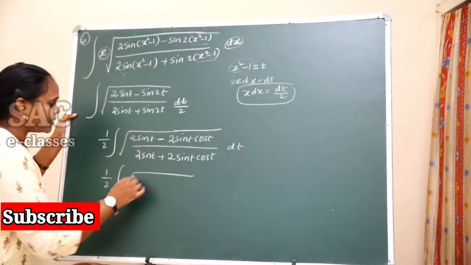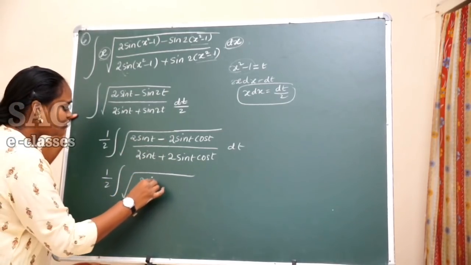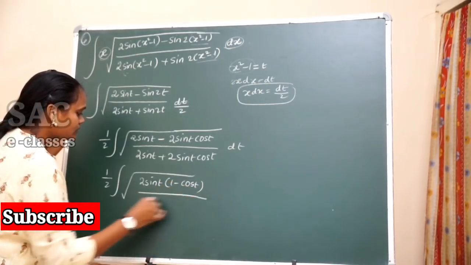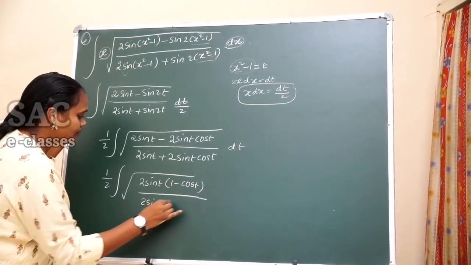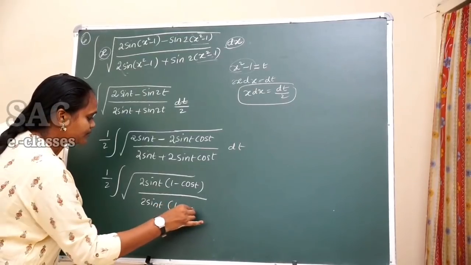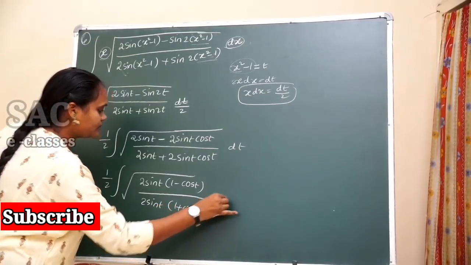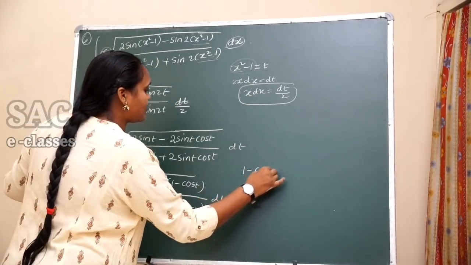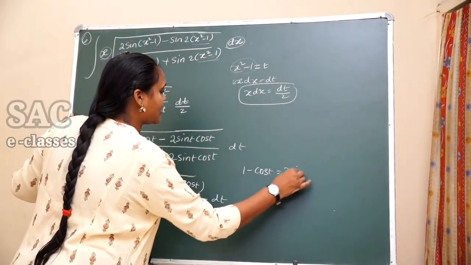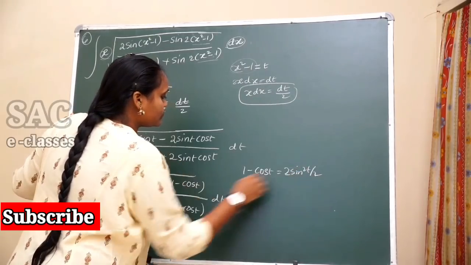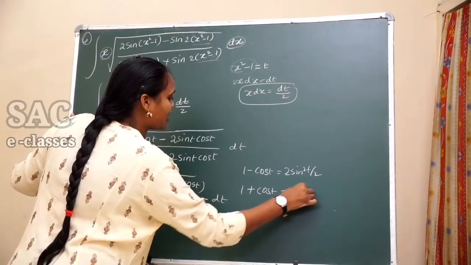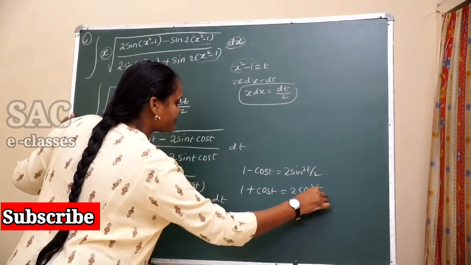You need to take out 2 sine t common. If I take 2 sine t common, I get 1 minus cos t by 2 sine t into 1 plus cos t, dt. 1 minus cos t is equal to 2 sin square t by 2, but 1 plus cos t is 2 cos square t by 2.